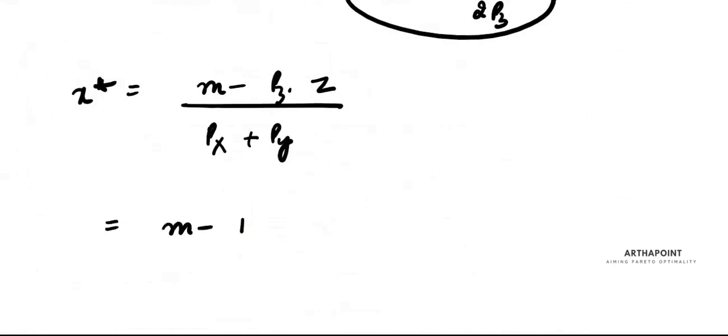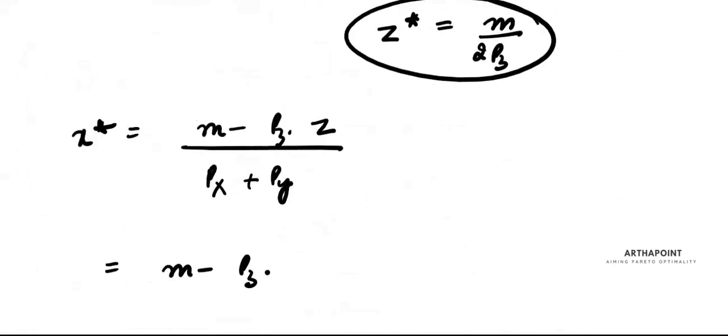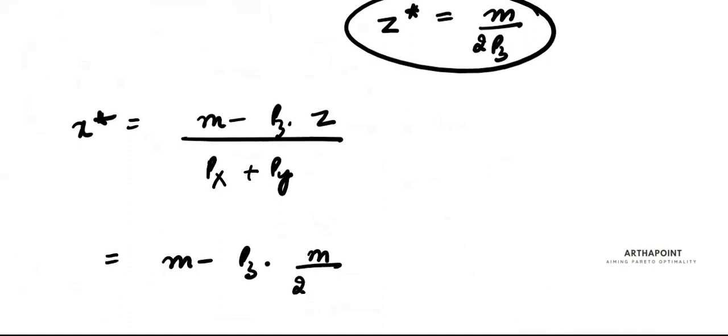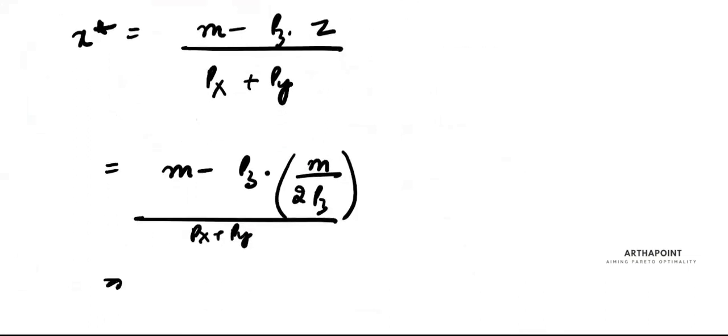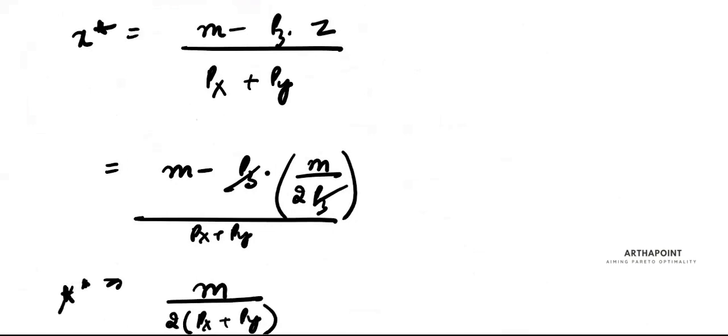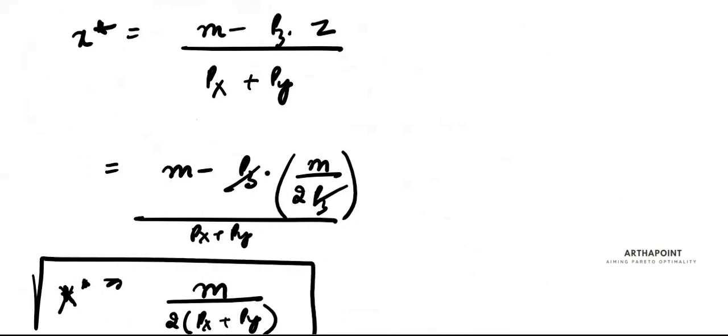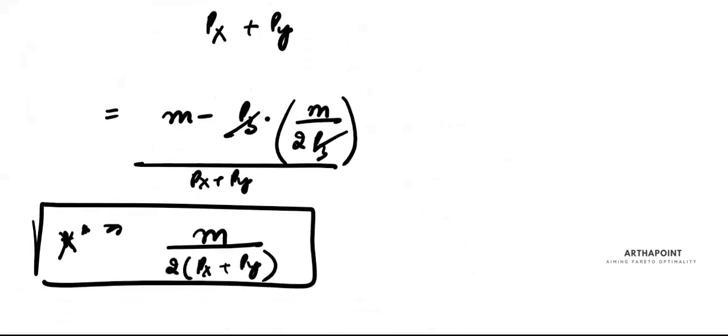This will be M minus P3, instead of Z, I will write M by 2 P3, upon Px plus Py. So your X would be M upon 2 Px plus Py. This will be your X star. This is called two-step budgeting.